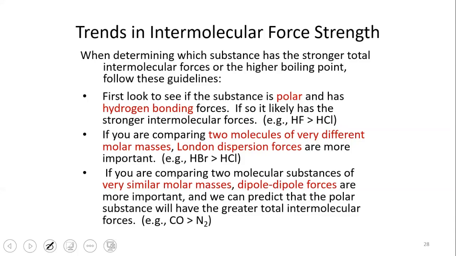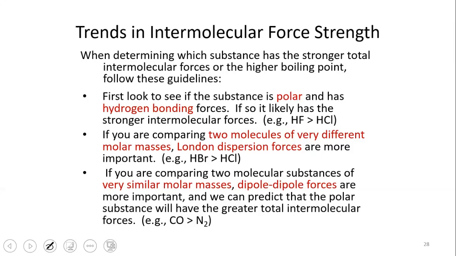We saw the comparison of HF with HCl, HF having the higher boiling point because it is capable of hydrogen bonding forces. Notice that chlorine being a bigger atom, you would expect HCl to have stronger London dispersion forces, but the hydrogen bonding takes over here.